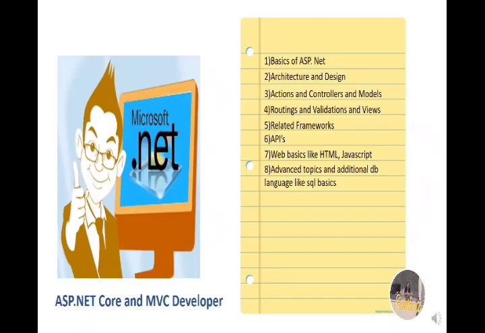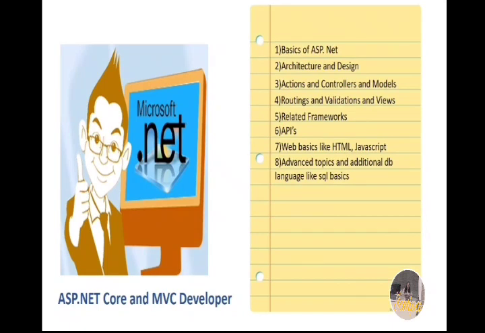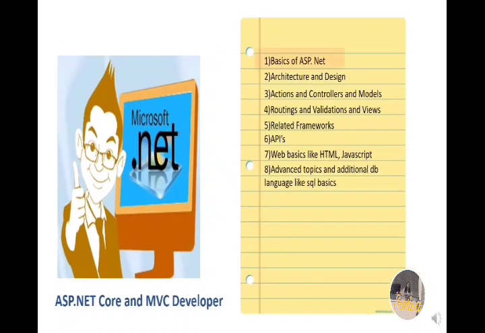The first technology I'm going to discuss is ASP.NET. Here I have covered topics for both ASP.NET Core and MVC. These are the topics you have to prepare if you're applying for the ASP.NET developer role. The first topic is the basics of ASP.NET, and the second is architecture and design.